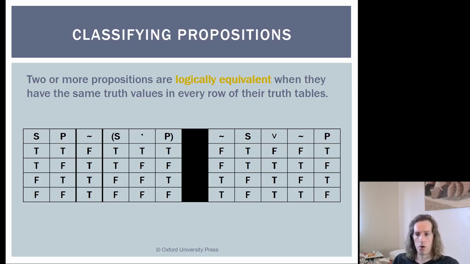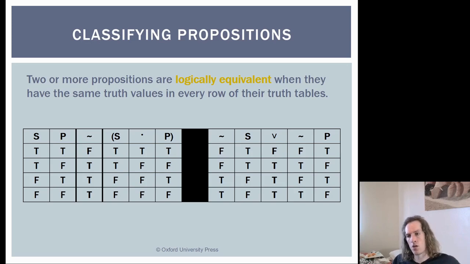Now, this will become important later on when we're doing proofs, because logical equivalency will allow us to change the proposition that we're using to a different one that is more useful to us in that context, but is logically equivalent to the other one. So we're not losing anything there.